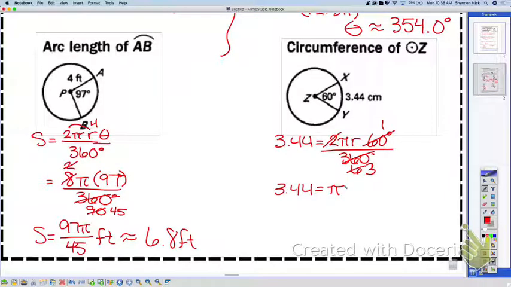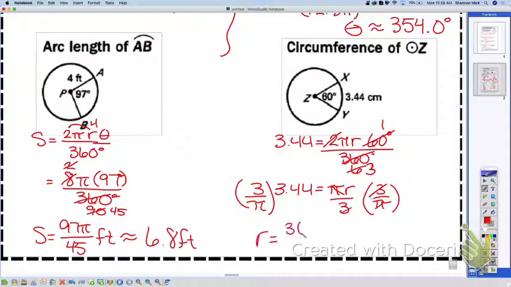So we need to remember that pi is a number, isn't it? And I want r left. So I need to multiply by that reciprocal. So 3 over pi. So the pi's reduced, the 3's reduced, so I have r equals 3 times 3.44 divided by pi.